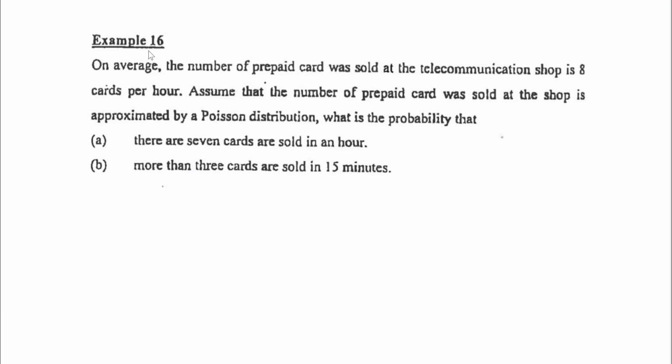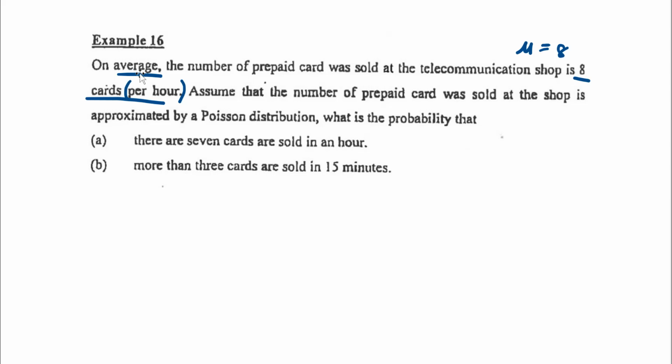Now we look at example 16. On average, that means this is your mean, the number of prepaid cards sold is 8 cards per hour. So we have the unit of measurement in hour. So our mu is equal to 8 per hour.